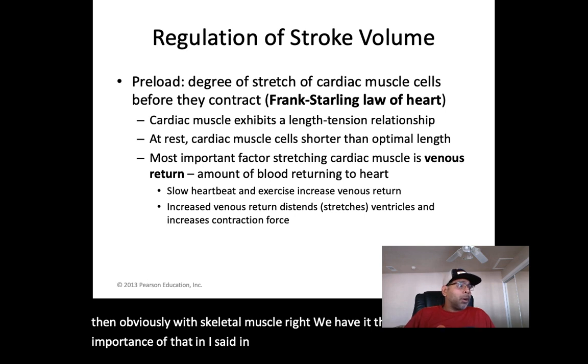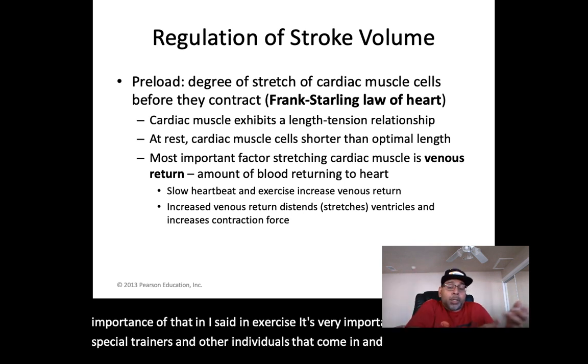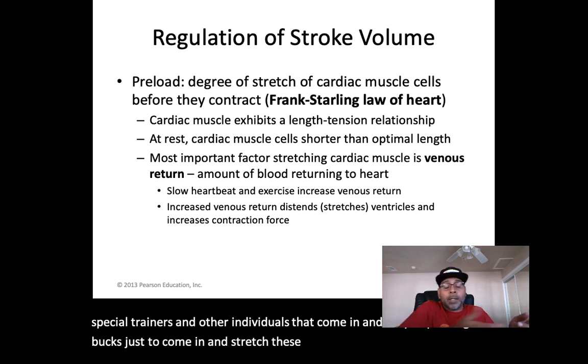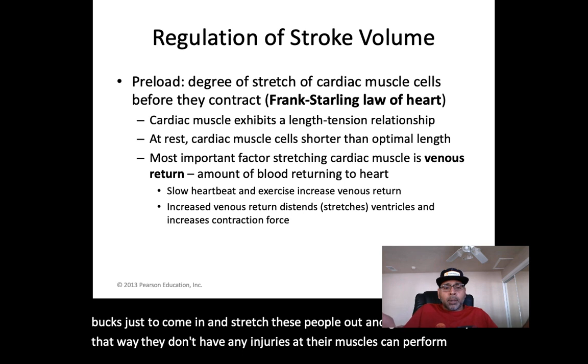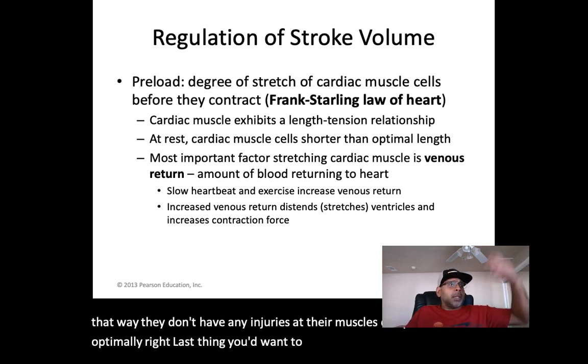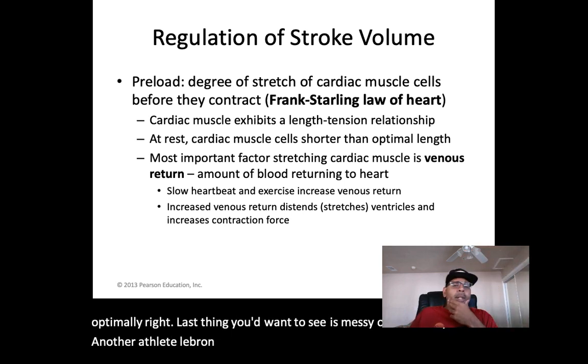It's very important. Athletes have special trainers and other individuals that come in and they're paid big bucks just to stretch these people out and get them ready so they don't have any injuries and their muscles can perform optimally. The last thing you'd want to see is Messi or LeBron James not performing.